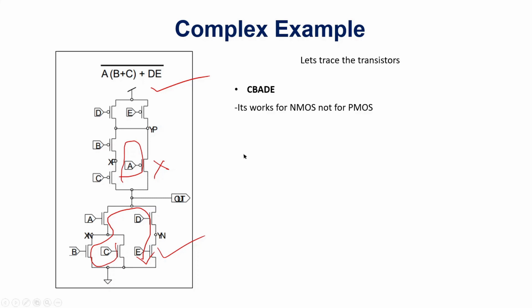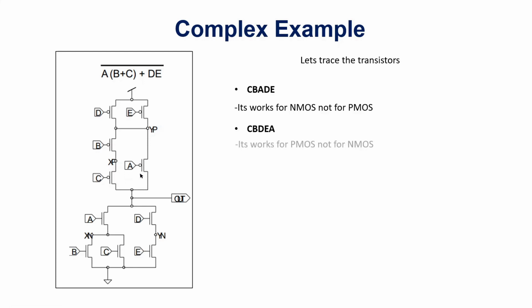Next, let us check another path, CBDEA. So let's erase the ink and redraw the path with this order: C, B, D, E, A. So it is okay for PMOS.